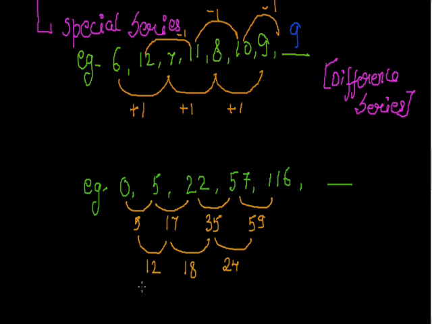Now if you see this 12, 18 and 24, when we add 6 to 12, we will get 18. Then again when we add 6 to 18, we will get 24. So our next number should be an addition of 6 to 24.